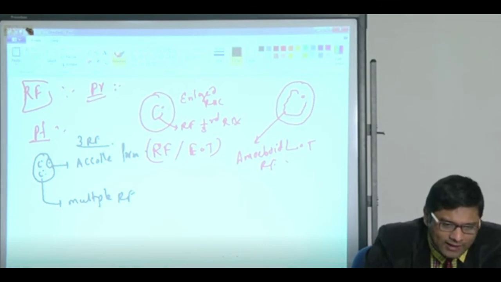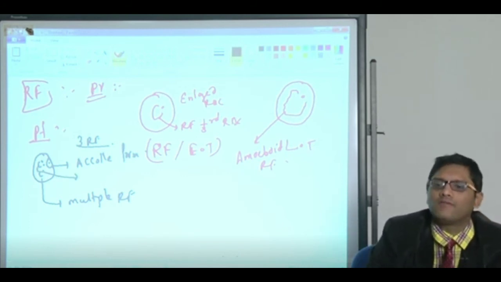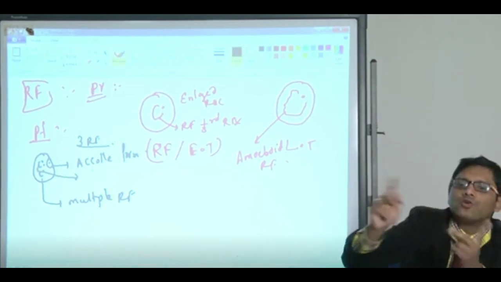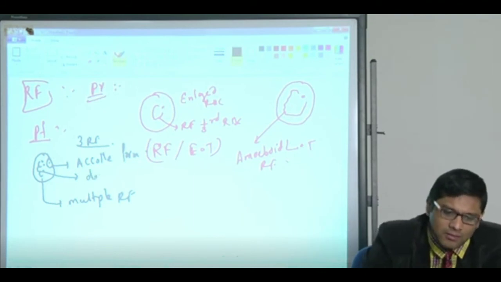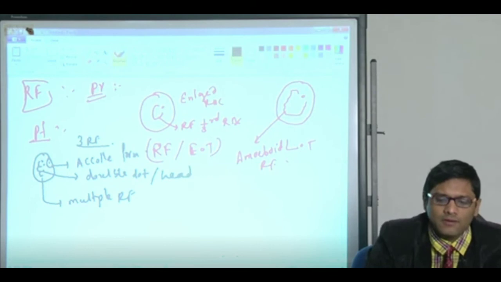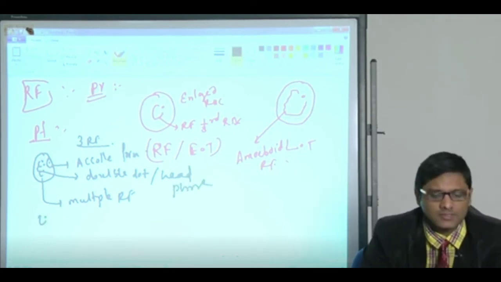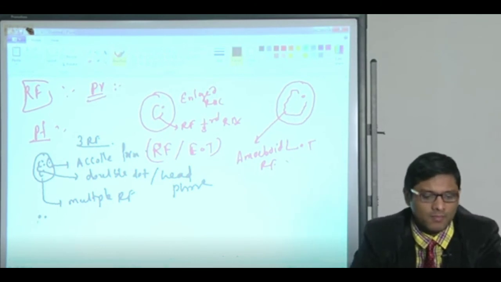Then one more variety is sometimes a double dot ring form, where the nucleus is broken into two pieces, called double dot or headphone shaped ring form, like this.